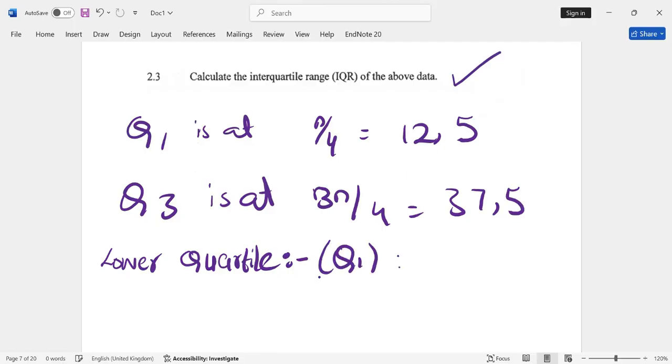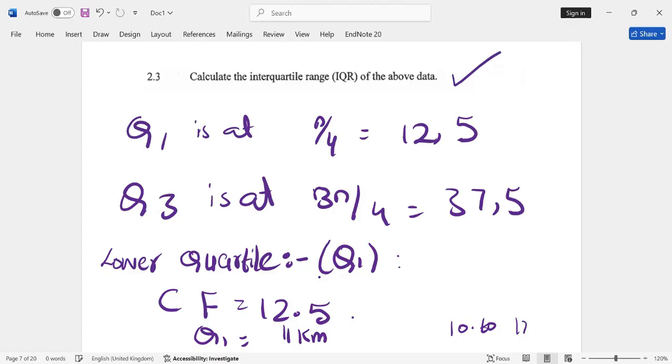All right, so we have a CF that is equals to 12.5. Okay, so read the distance from the graph. All right, so Q1 equals to 11 kilometer. Okay, and acceptance between 10 to 12.